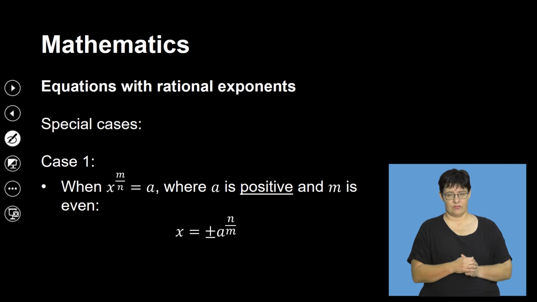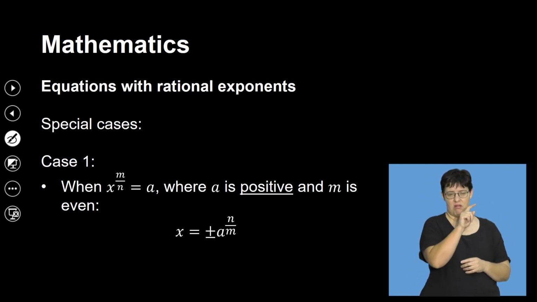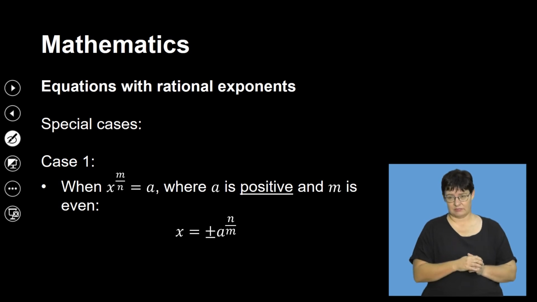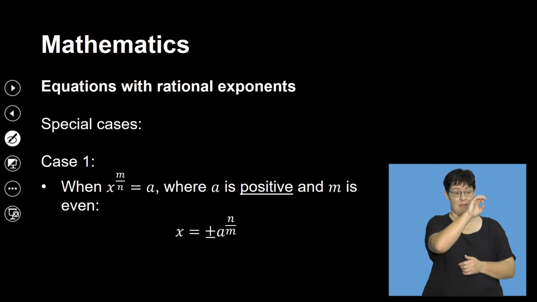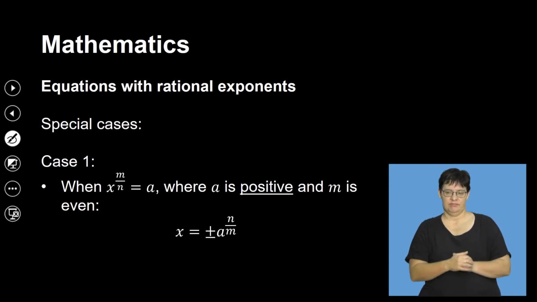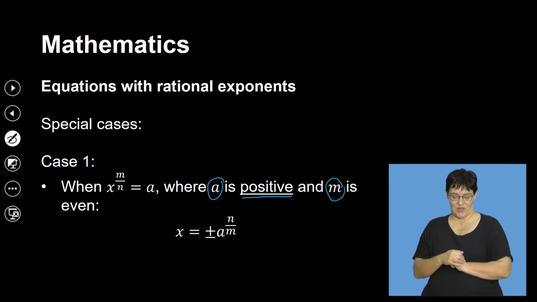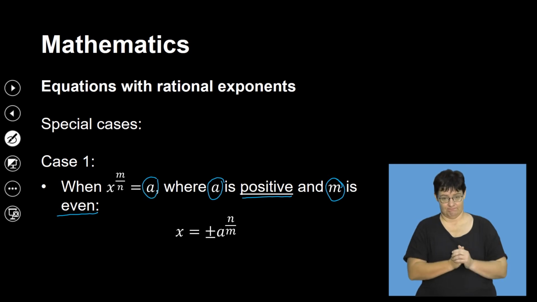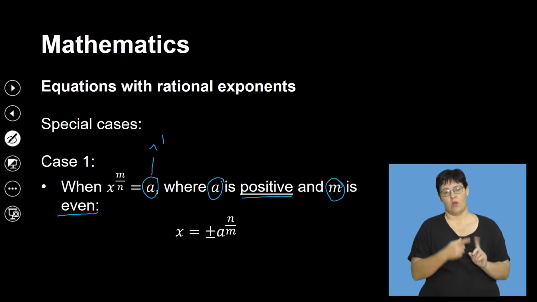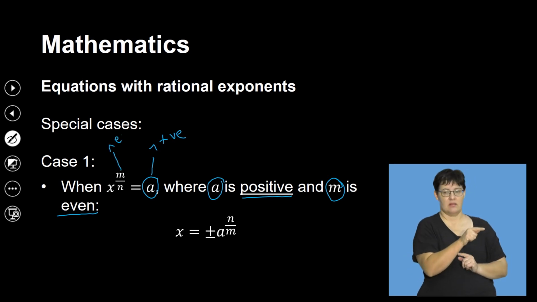Now, we have some special cases that have to do with rational exponents, right? Case one is where x to the exponent of m over n is equal to a, where the a value is positive and the m value is an even number, right?